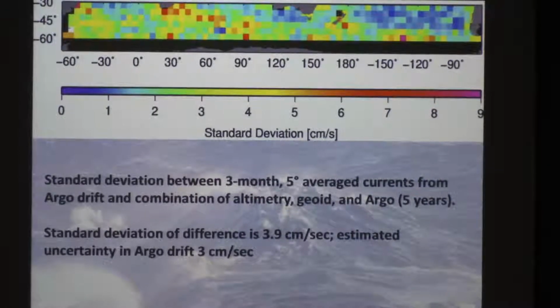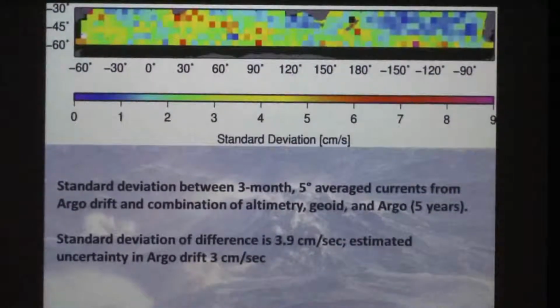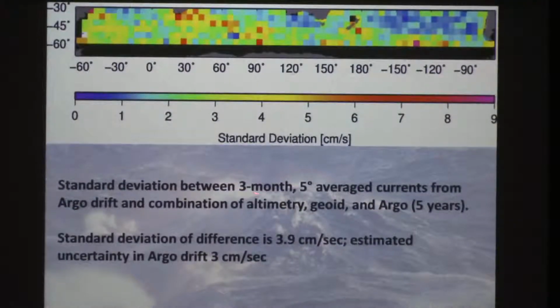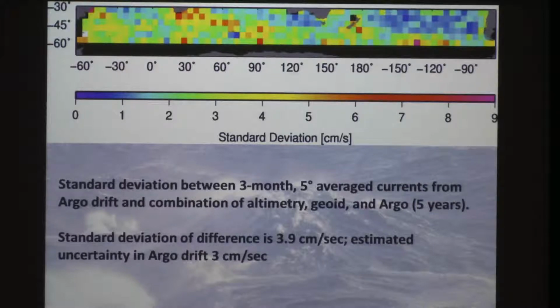over the 5-year period, we can compute the standard deviation, and that gives us an estimate of the uncertainty in our current estimate. Now, one thing we have to take into account, though, is that this drift estimate is not perfect. It does not have zero error. In fact, the uncertainty estimated with it is about 3 centimeters per second. Actually, higher errors where there's higher currents because of the eddy variability.